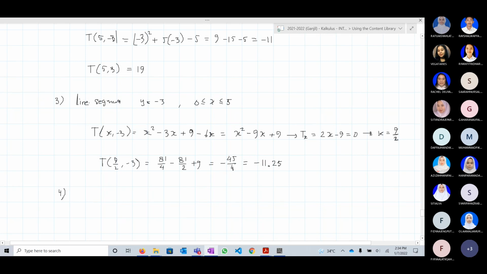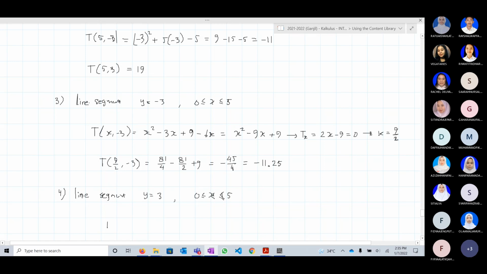Now the last one is on the line segment y equals 3, where x runs from 0 to 5.